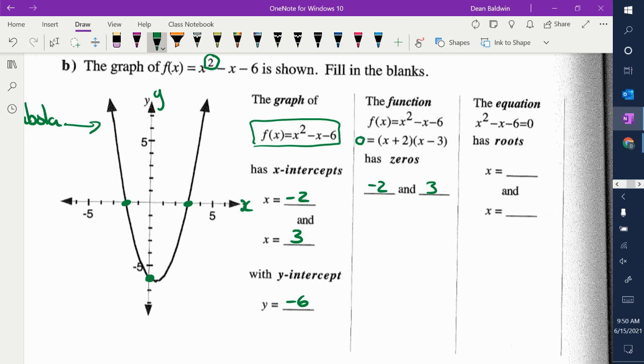Now, another word, or definition, is if you take the function and set it equal to 0 from the beginning, we call them roots. This you solve just like you did over here. You would factor it. You'd get x plus 2, x minus 3 is equal to 0. What is x equal to?